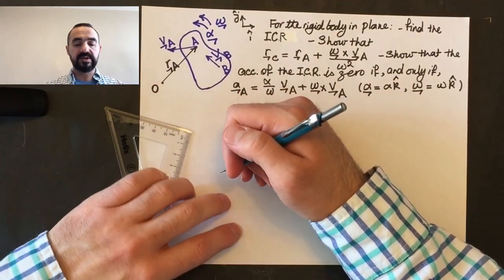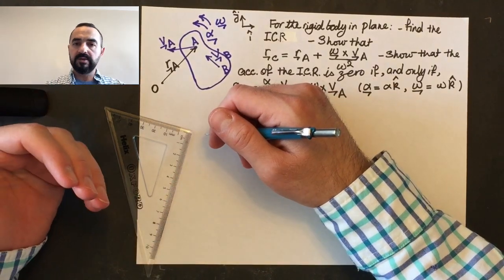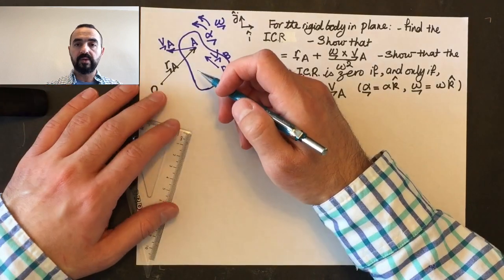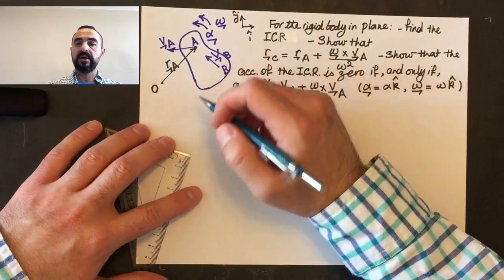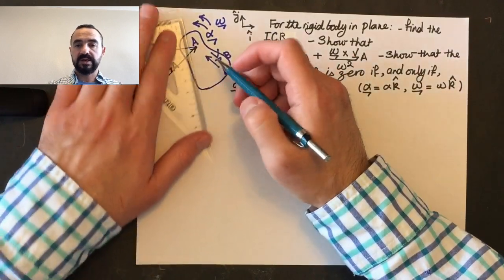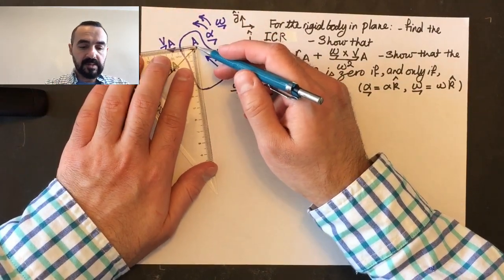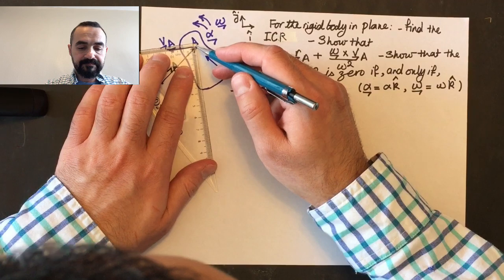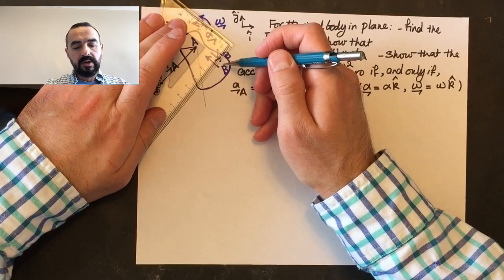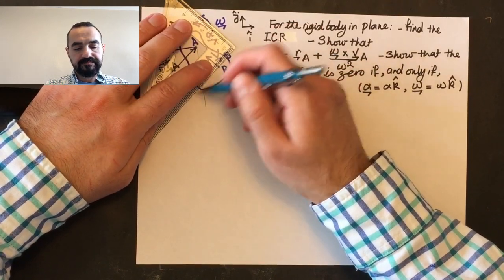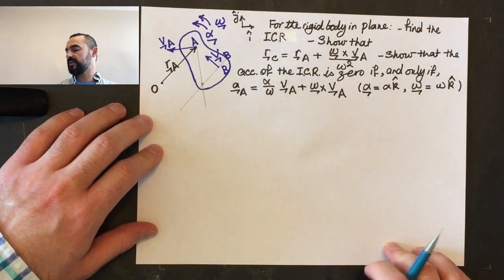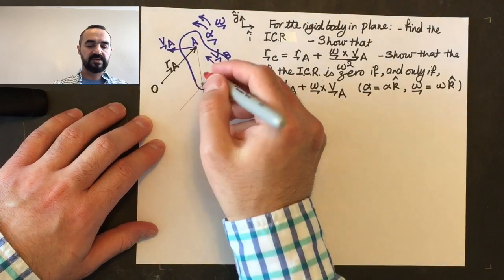We said that to find that, we are going to draw two perpendicular lines going through the 2 points A and B, and then the intersection of those two lines is the instantaneous center of rotation, meaning that if I draw this line here, and then if I draw a line here, and both lines are perpendicular to VA and VB, this is point C, or instantaneous center of rotation.